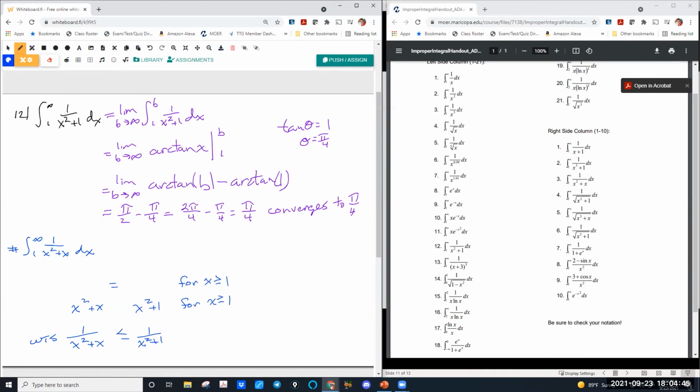Let's make a really obvious comparison. X versus 1, right? And again, this is only for x greater than or equal to 1. We can look at a graph of them. You know, here's x equals 1. Well, the graph of 1 is just a horizontal line.